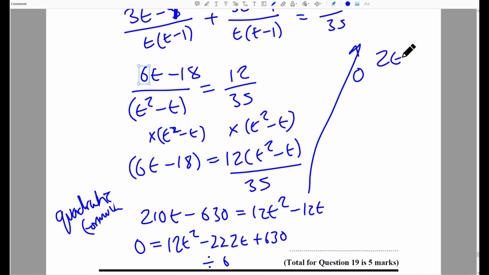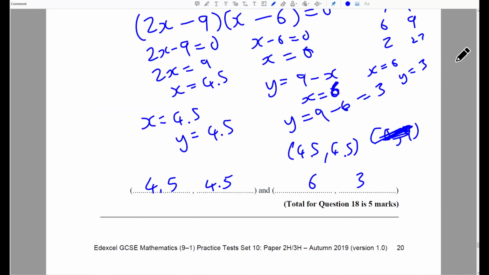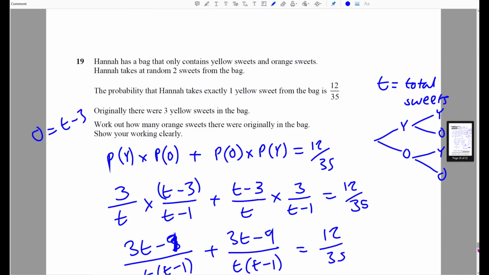So we're going to get 2t squared minus 37t minus 105.